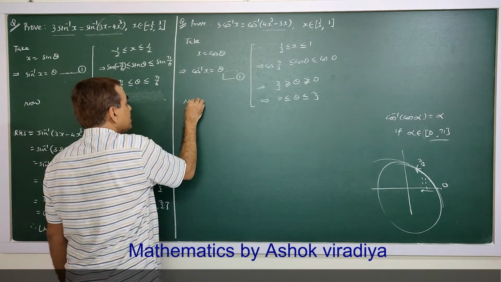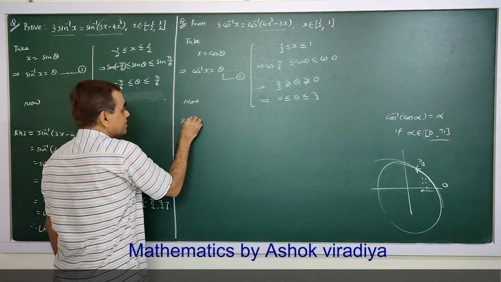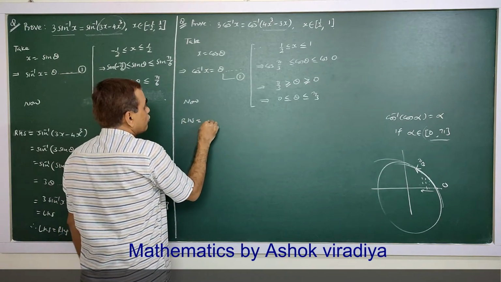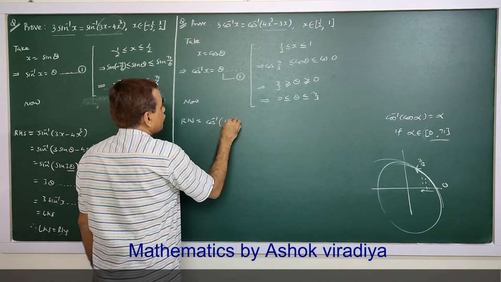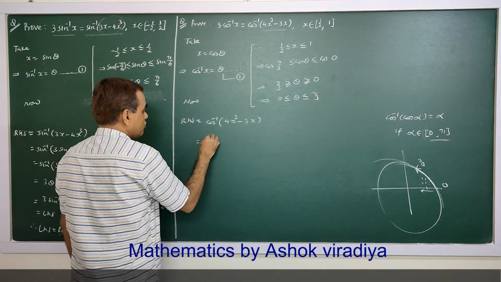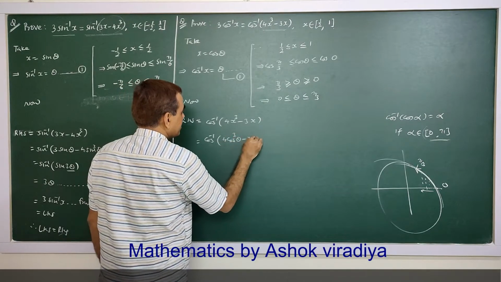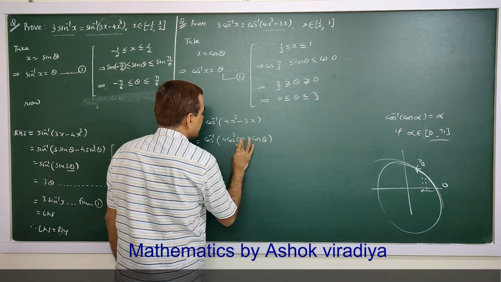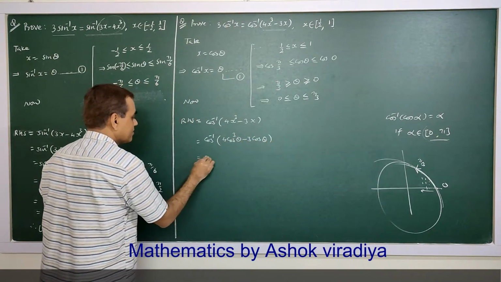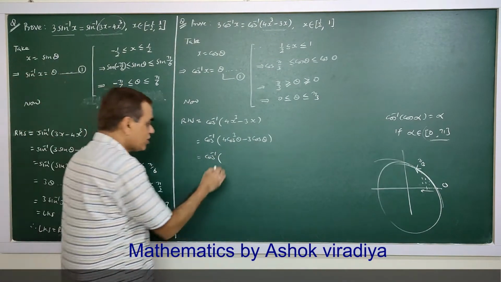Now using this value on the right hand side, RHS is cos inverse of 4x cube minus 3x, that is cos inverse of 4 cos cube theta minus 3 cos theta. This is cos 3 theta.